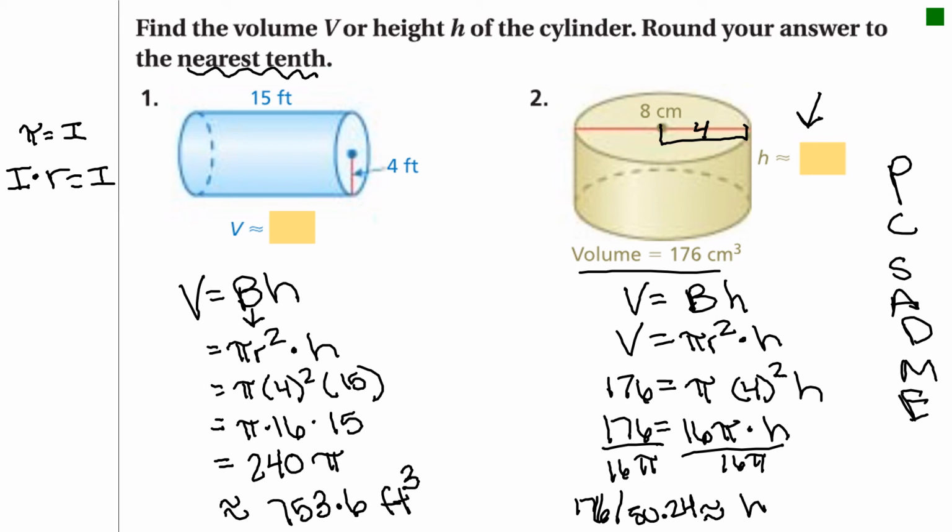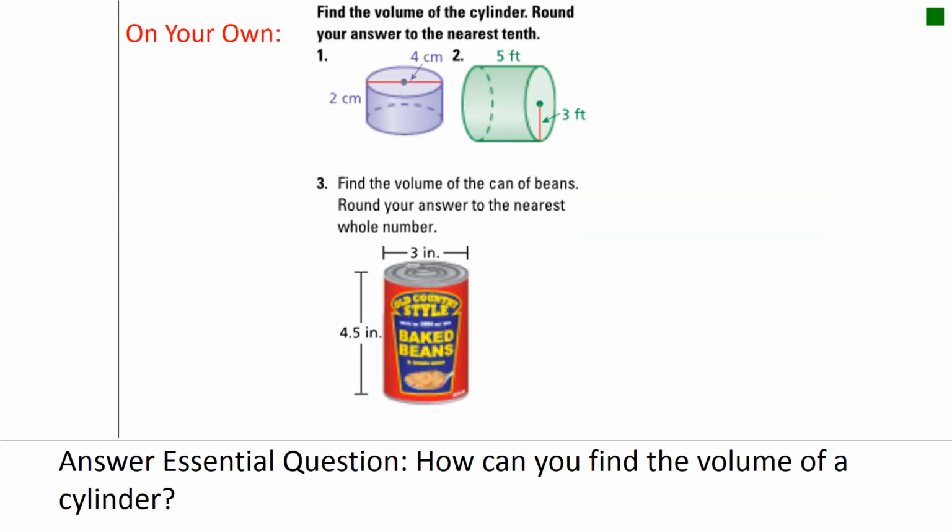So now I'm going to do 176 divided by 50.2, and I will get approximately 3.50, and that 0 at this end makes that 5 stay the same. So 3.5 centimeters. Okay, shouldn't be that bad. Let's go into another example.